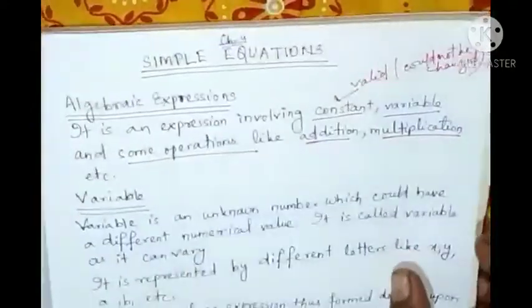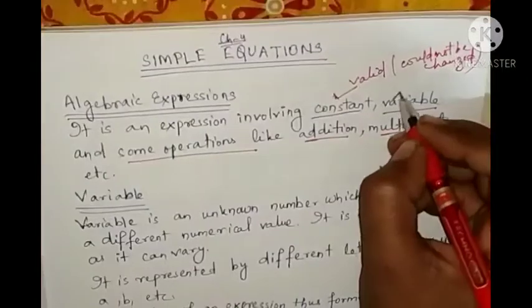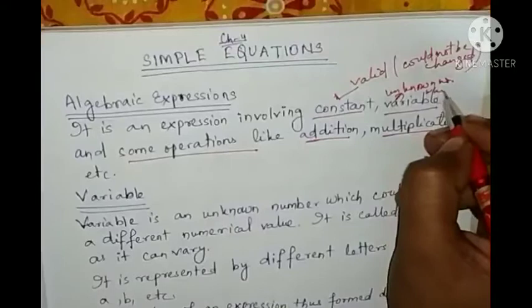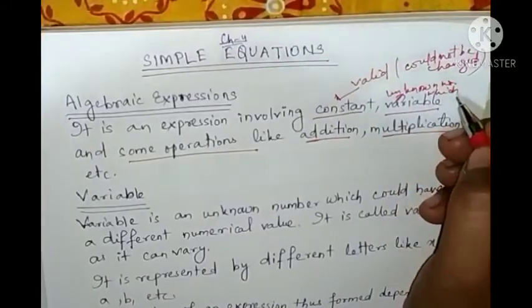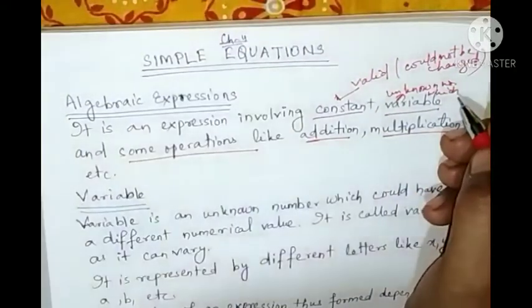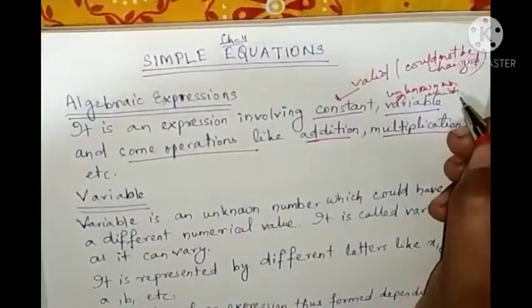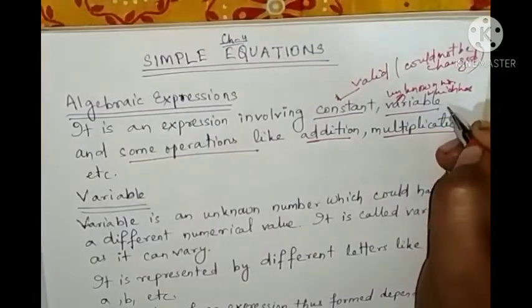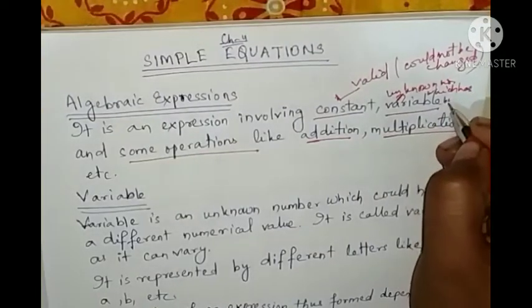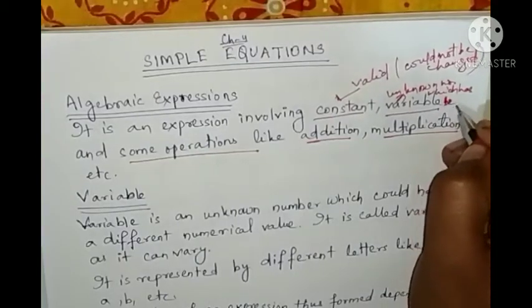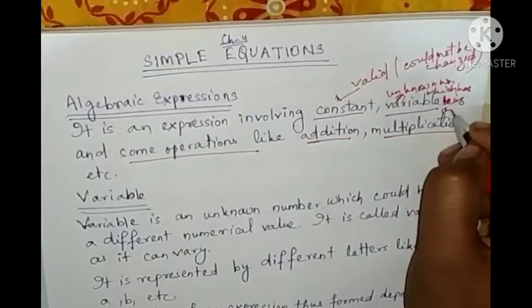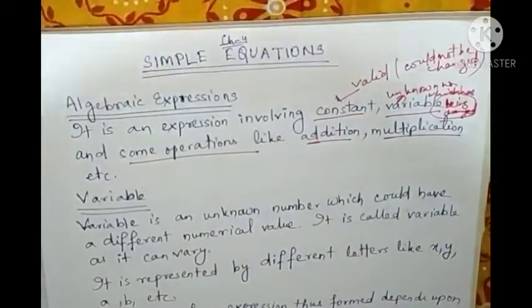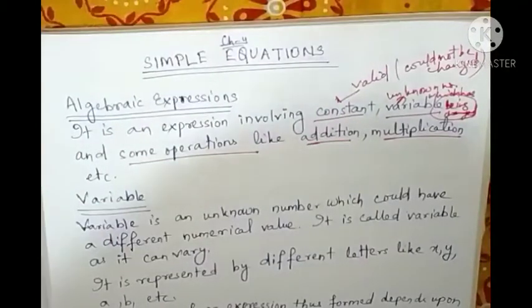But what about a variable? A variable is an unknown number which is represented by a small English letter, and its value can be changed.